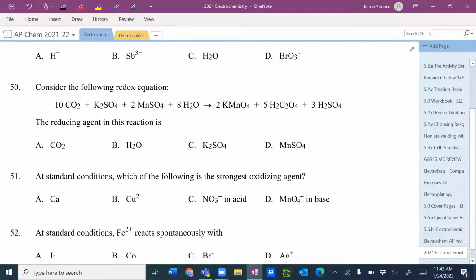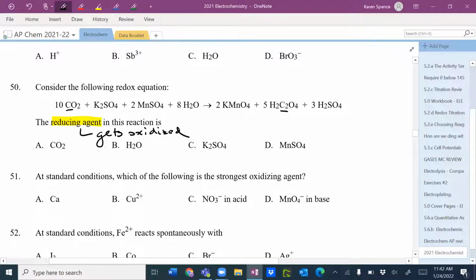Who is the reducing agent? So if we are looking for a reducing agent, we are looking for the thing that gets oxidized. So who are my potential things? Probably carbon is one of them. Okay.